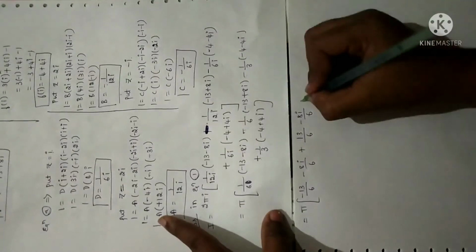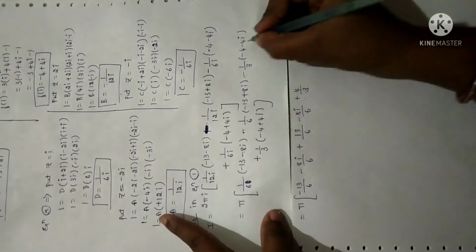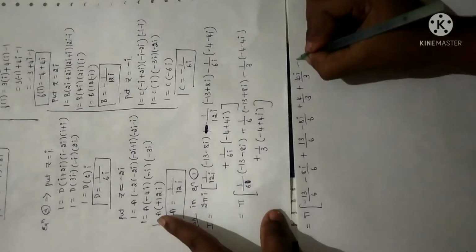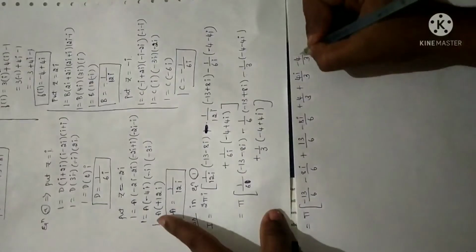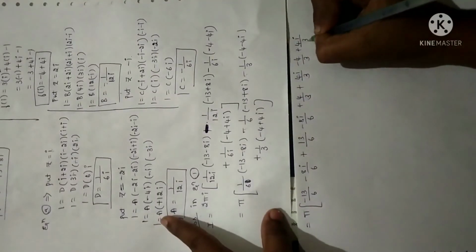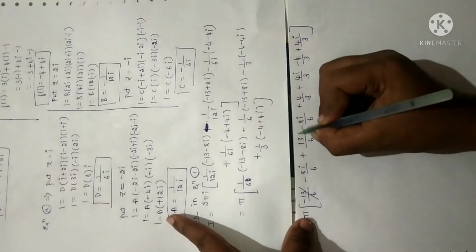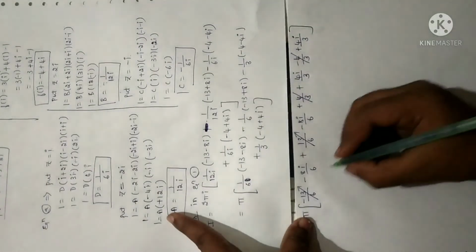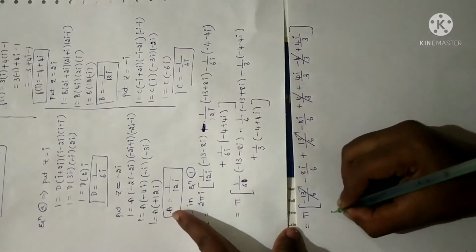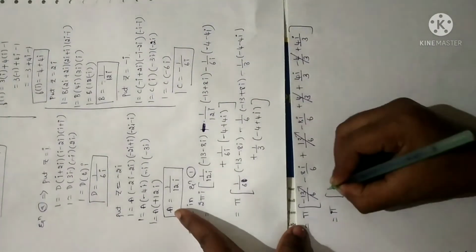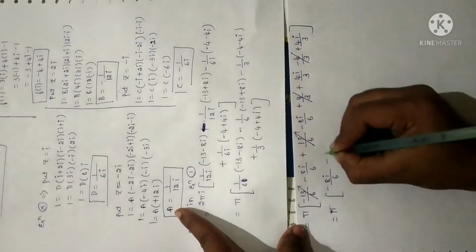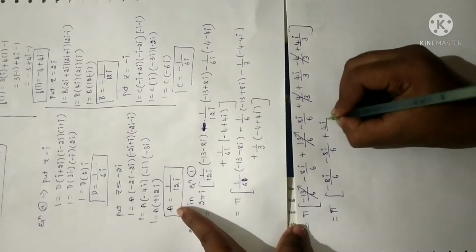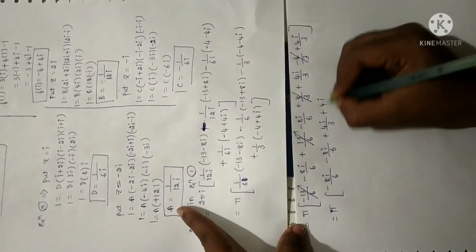So minus into minus plus 4 by 3, minus into minus plus 4i by 3, again minus 4 by 3 plus 4i by 3. So minus 13 by 6 plus 13 by 6 goes off. Again plus 4 by 3 minus 4 by 3 will not be there. What you are left with is pi into minus 8i by 6 minus 8i by 6, again plus 4i by 3 plus 4i by 3.